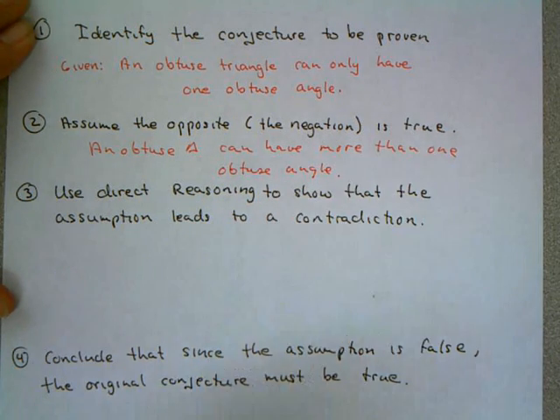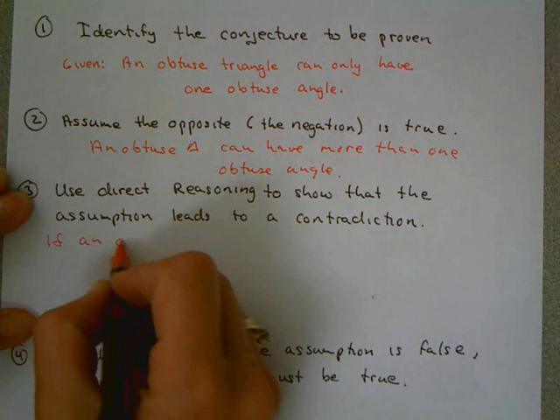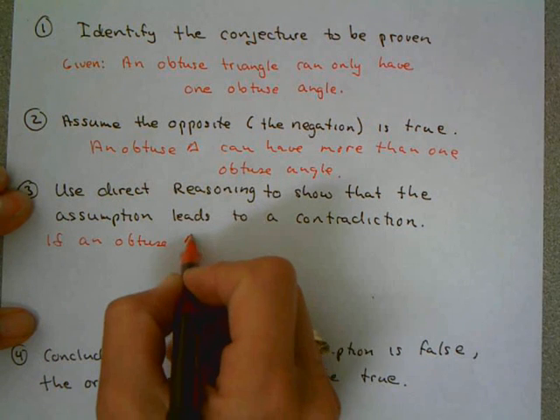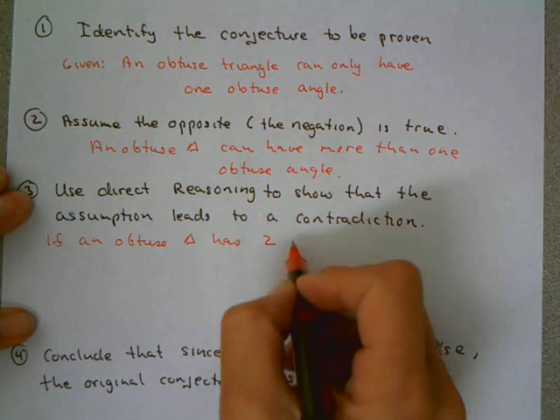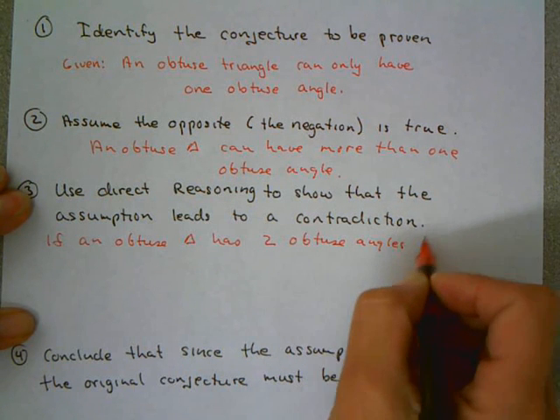If an obtuse triangle has 2 obtuse angles, their sum is greater than 180 degrees.